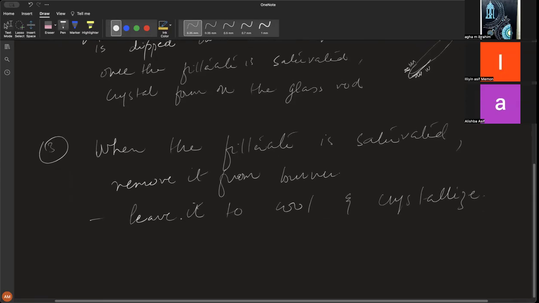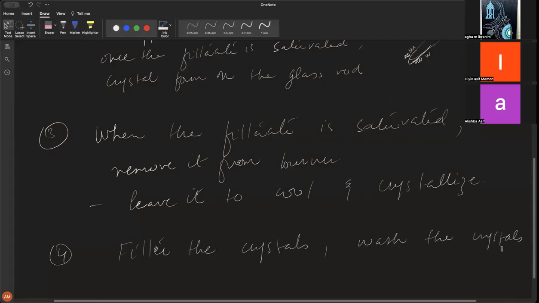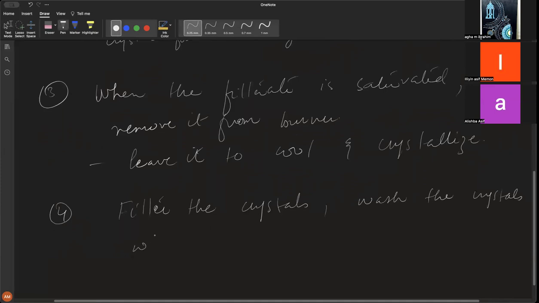The fourth one, then filter the crystals, then you can wash the crystals with very little cold distilled water. Why distilled water? So it does not react with any minerals.